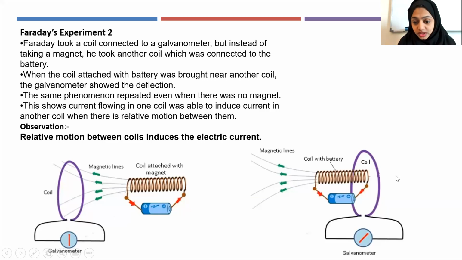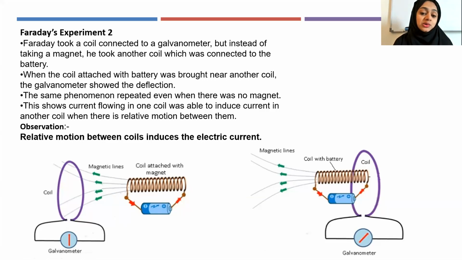Only when you move in, there is deflection, and when you move it out, there will be deflection in the opposite direction. Just as you asked previously, if you keep the coil attached to the battery stationary and move the first coil, then also the result is the same. So the final observation is that when there is relative motion between coils, it induces electric current.